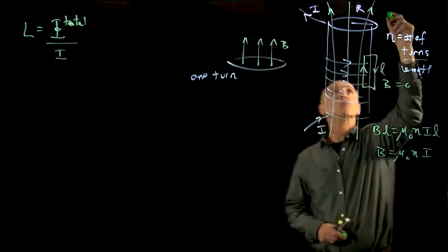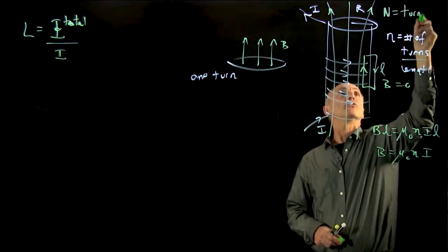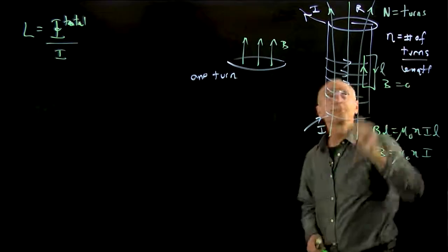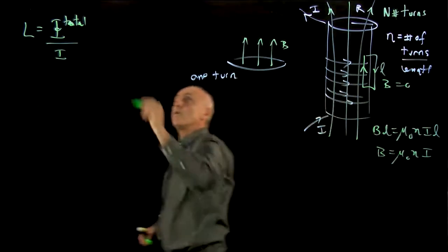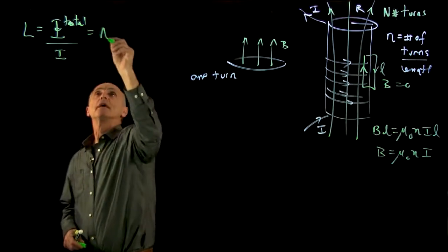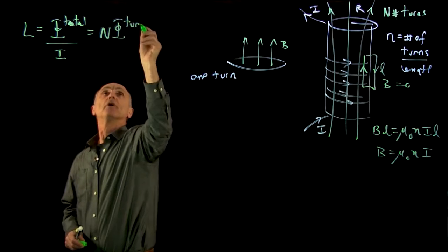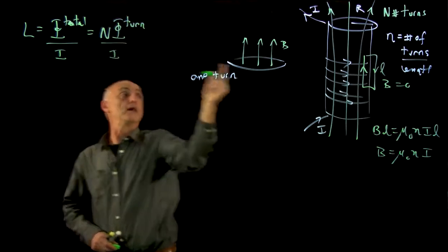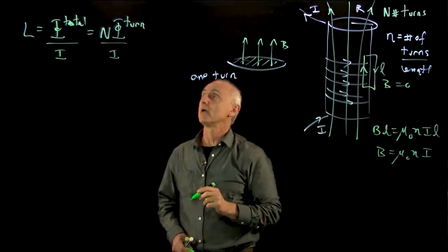And let's say, even though the solenoid is very long, let's say there's N turns. N is the number of turns. So the total flux is N times the flux through a single turn divided by the current. And that's why we're focusing on the flux in a single turn.